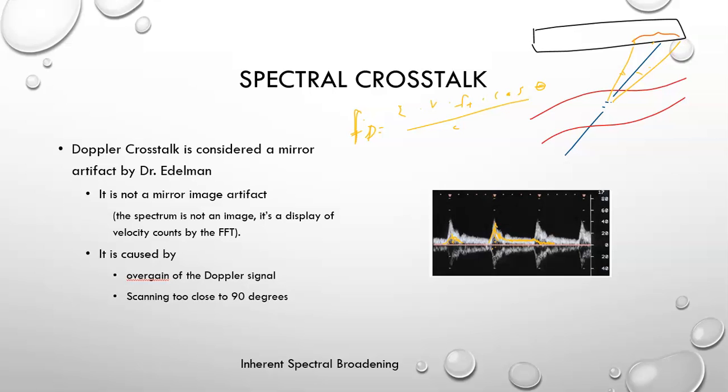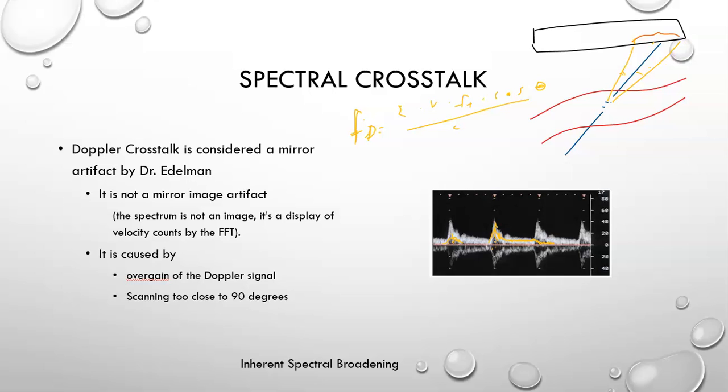But once they went from single crystal transducers to phased array transducers, this occurred anyhow. So you may see some literature that says that with spectral broadening, there's potentially a 40 to 60% stenosis involved. And you can tell that because of spectral broadening. Well, no, you can't tell that because of spectral broadening anymore.